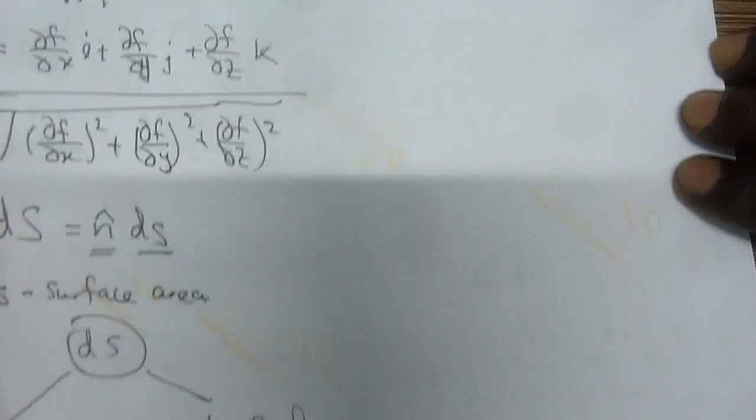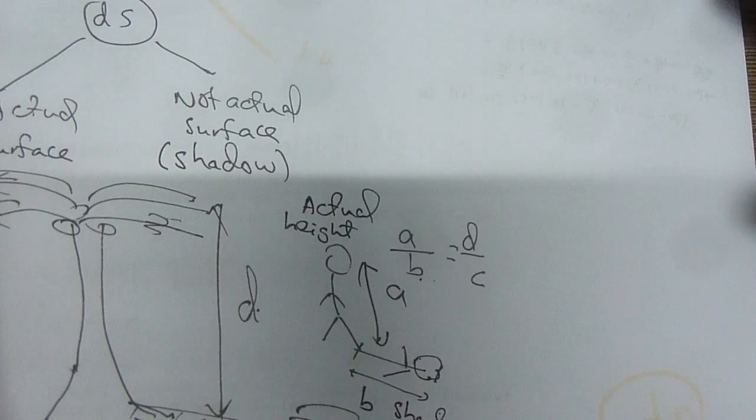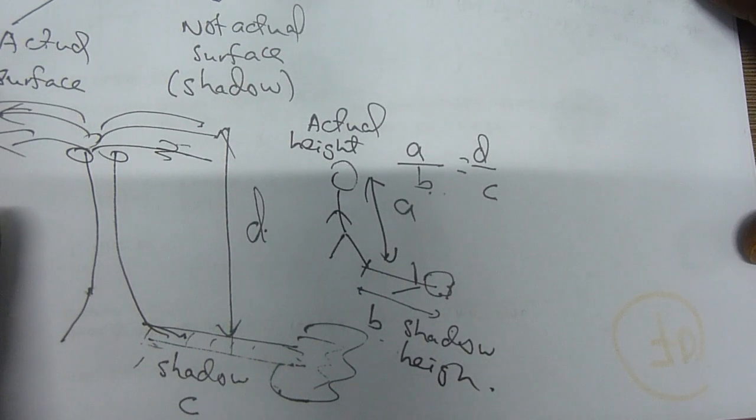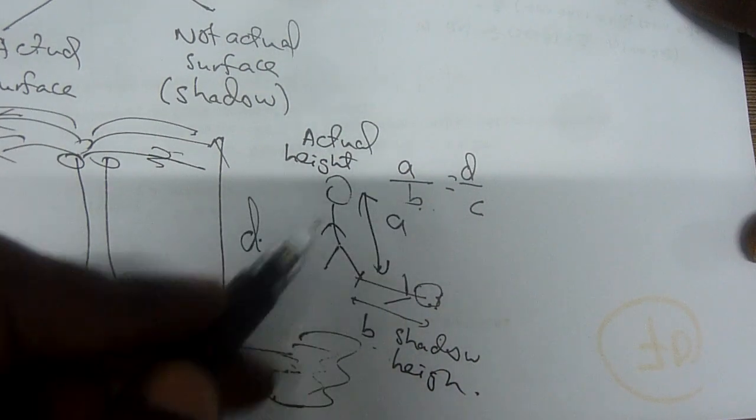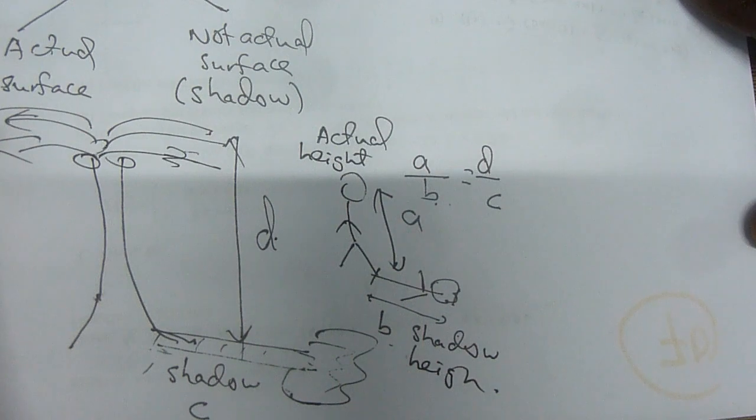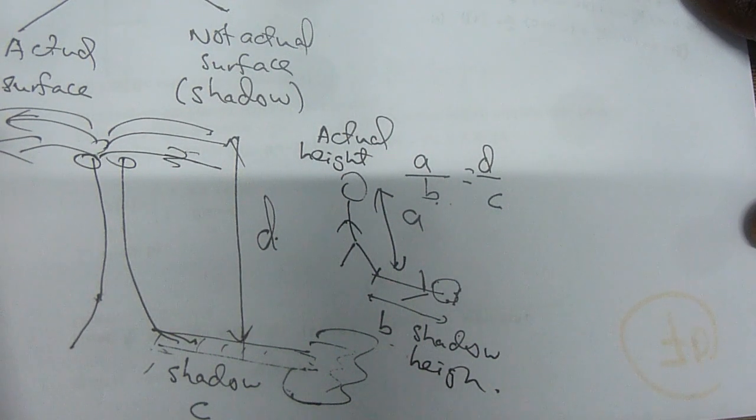Now at least you find it. The shadow is not a joke. Shadow is also very useful, and please don't underestimate the shadow. Shadow played a very important role in ancient science. They used it to calculate a lot of things, even time.